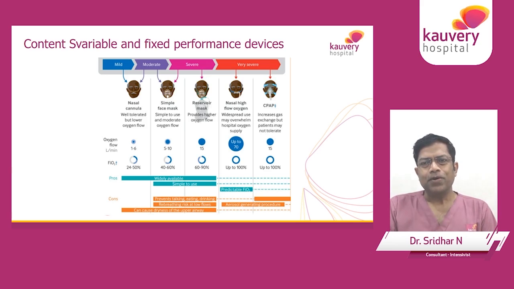Now, if you have 2, 3, 4 high flow nasal oxygen cannula devices running, believe me, the burnout of oxygen is going to be very high, and we're going to be stressing our limited oxygen resources. So in the current era, I would strongly recommend minimizing the use of high flow nasal oxygen cannula.